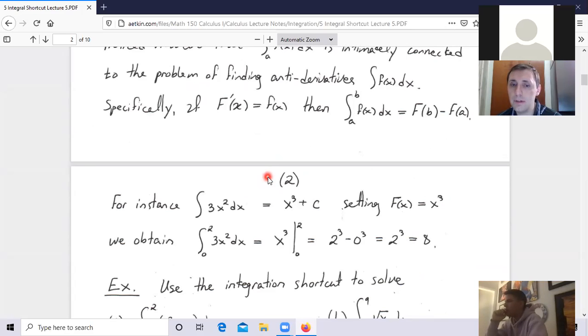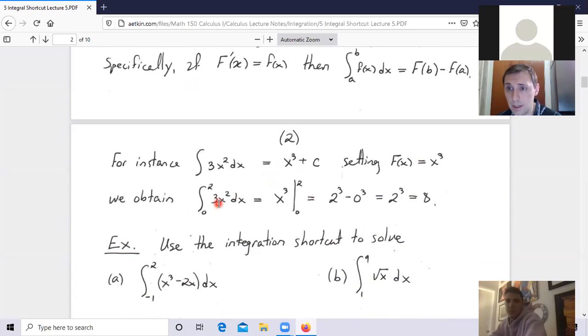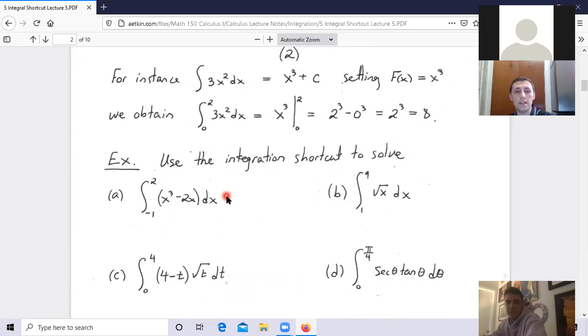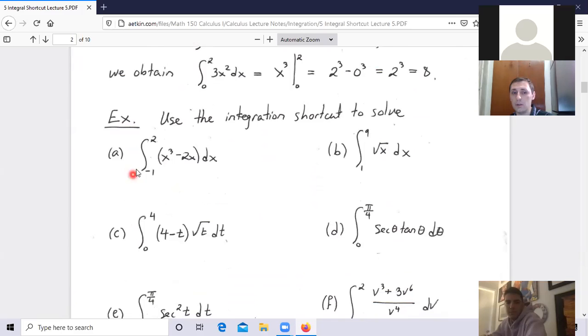Same answer I would have obtained if I carried out the Riemann sum. Do you understand? I will explain hopefully in a moment why that works. For now, I want you to see if you can use that technique to figure out, let's say, what's the integral from minus 1 to 2 of x cubed minus 2x dx?